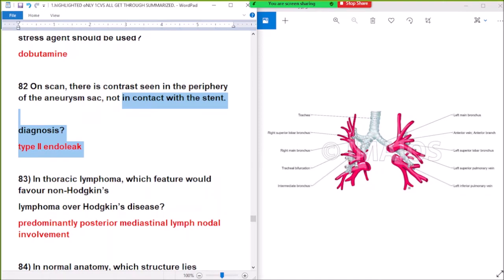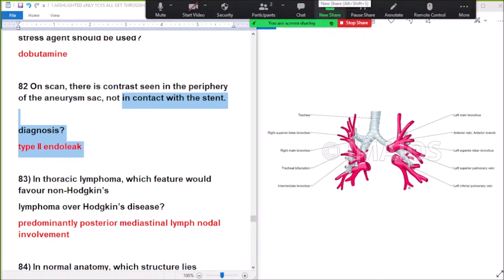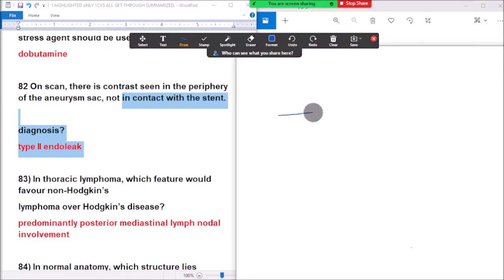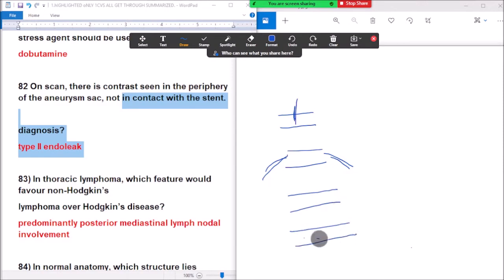Now, regarding endoleaks: type 1 endoleak is at the ends of the graft. Type 2 endoleak is from branch vessels into the sac. Type 3 endoleak is through the graft. Type 4 is through porous material.